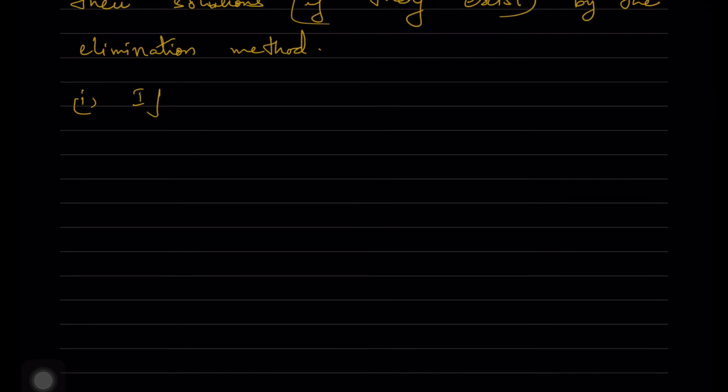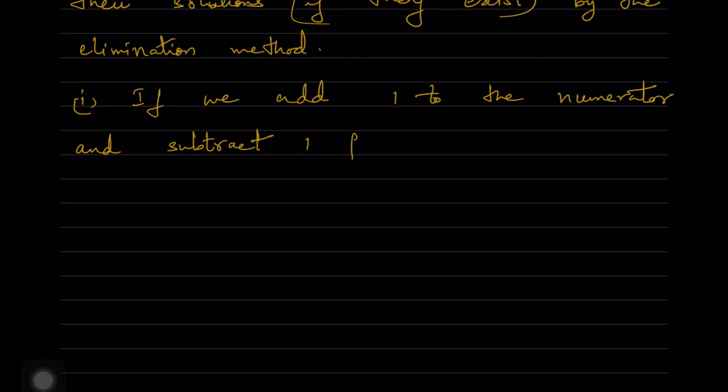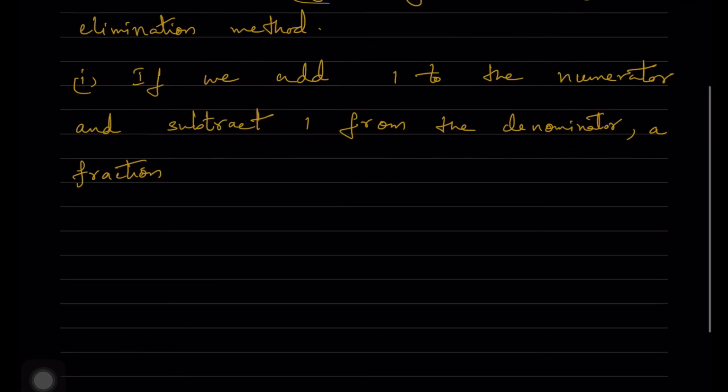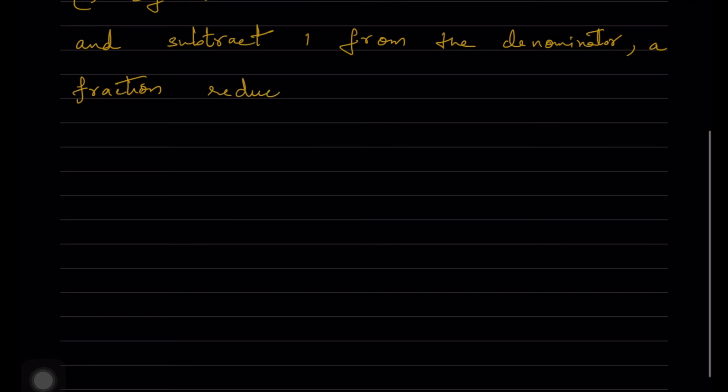If we add 1 to the numerator and subtract 1 from the denominator, a fraction reduces to 1. It becomes half if we only add 1 to the denominator.